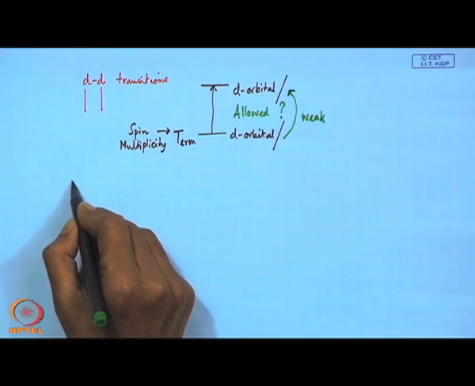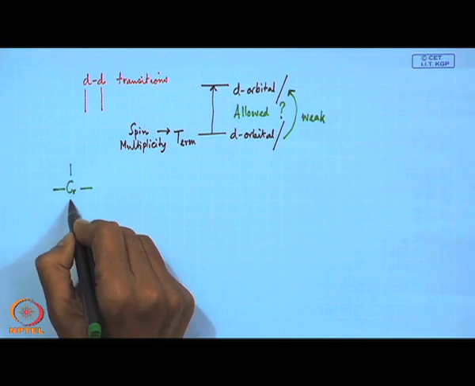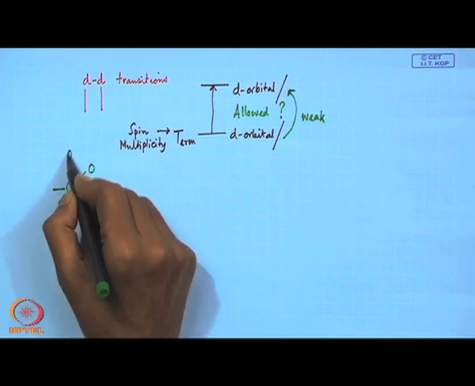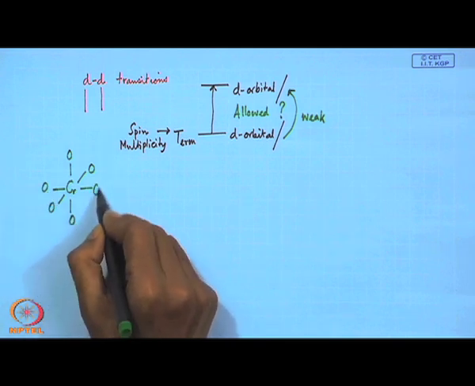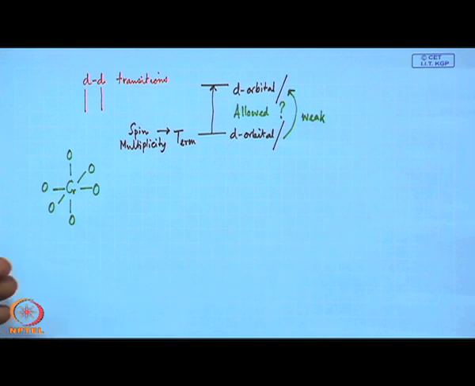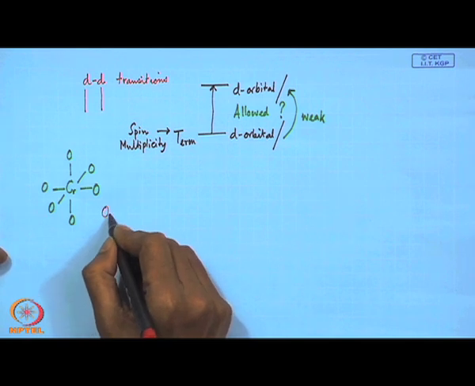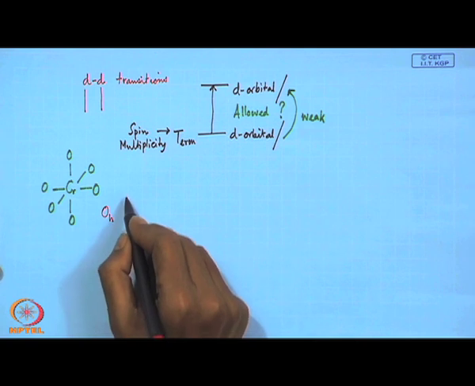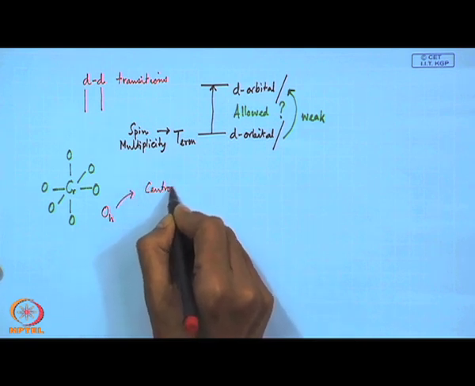So, when we are talking about the corresponding transition in, say, chromium surrounded by all oxygen donors, whether all these oxygen donors are coming from the water molecules or the oxide lattice of the ruby system, this particular geometry is important, the corresponding octahedral geometry, whether that is centrosymmetric or not.